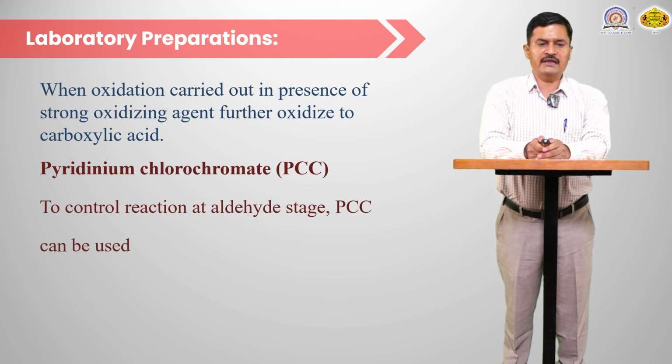Another reagent is pyridinium chlorochromate, PCC. It is a very useful reagent, and by using it, if we oxidize primary alcohols they convert into aldehydes and do not further convert into the acid.